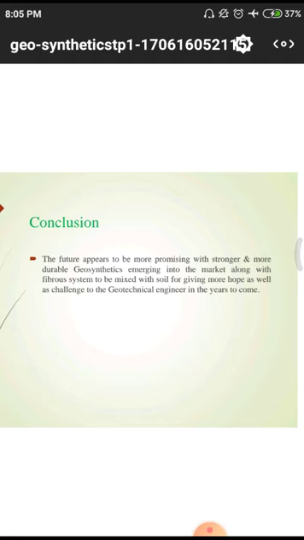The future appears to be more promising, with stronger and more durable geosynthetics emerging into the market along with the fibrous system to be mixed with the soil, giving more hope as well as a challenge to the geotechnical engineers in the years to come. That is the total conclusion: in the future of our earth, up to 2100, we will have to utilize these kinds of functions in major projects to control the erosional properties and increase the lifespans of the structures.